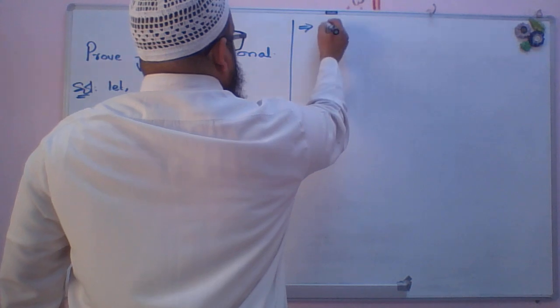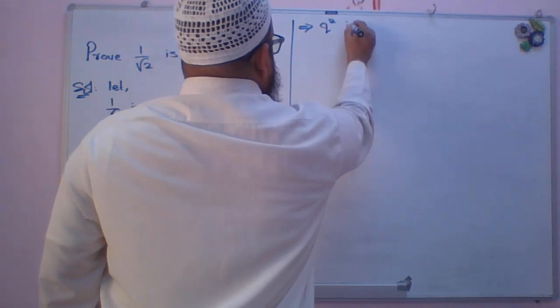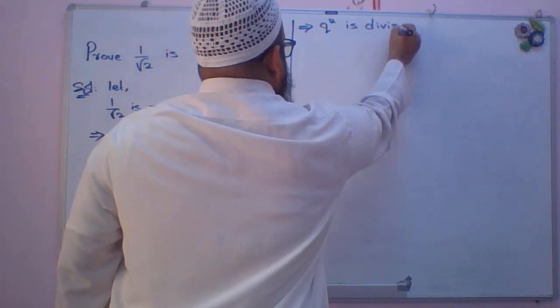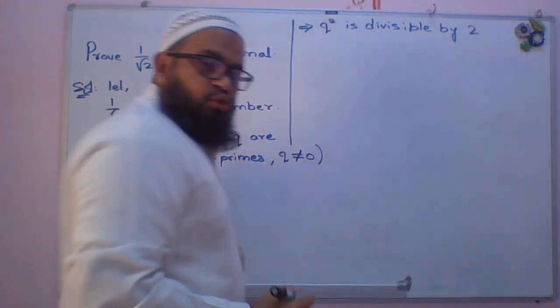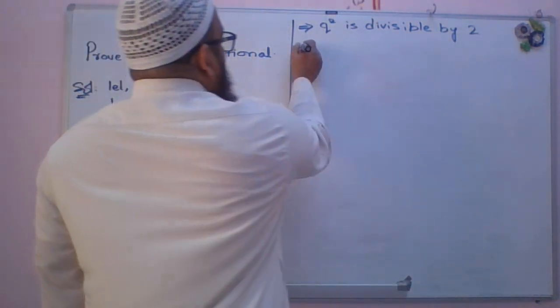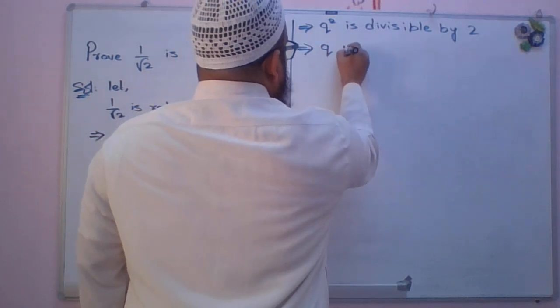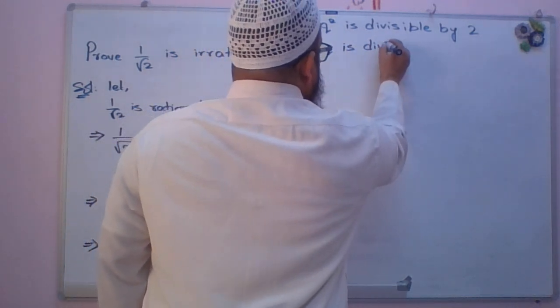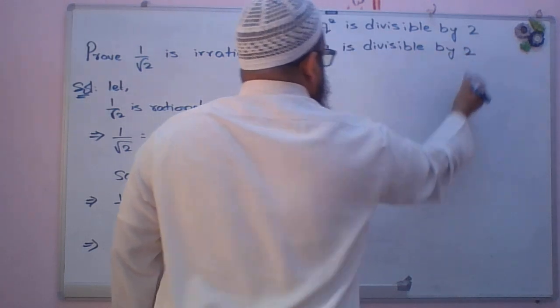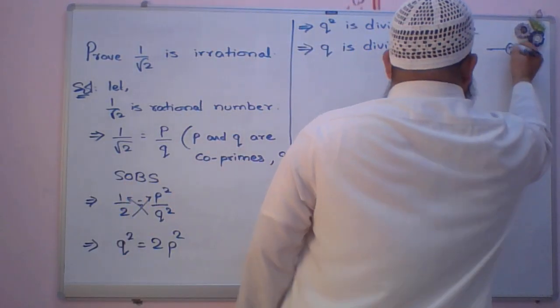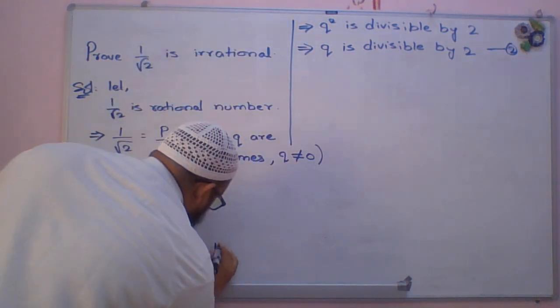So that implies q square is divisible by 2, and since 2 is a prime number, q is also divisible by 2. So this is second statement and this is first statement.